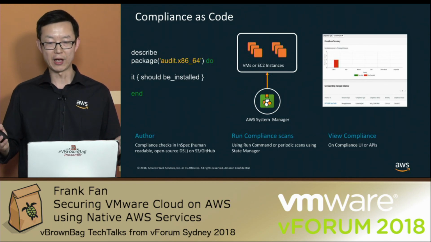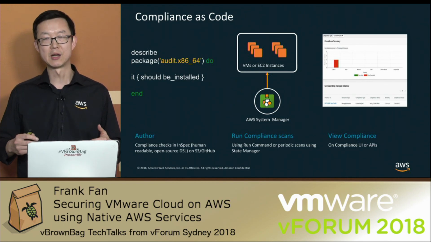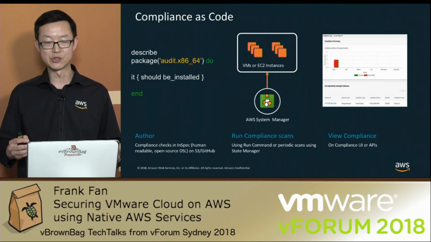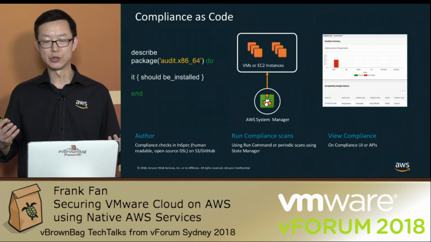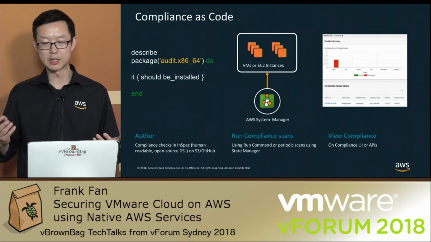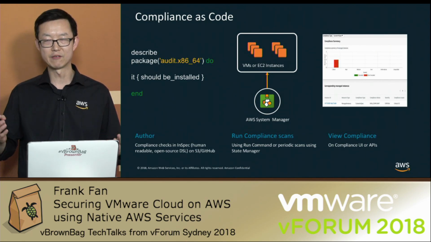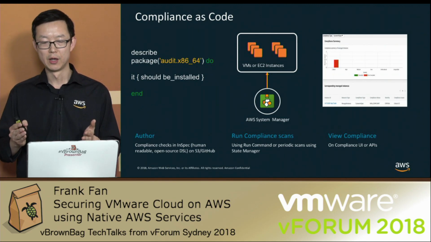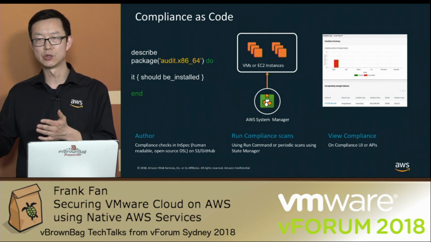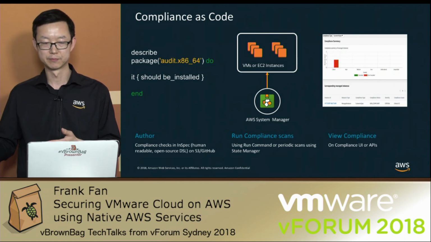Let's say you have a configuration drift, someone removes this package or changes some configuration that doesn't comply with your policy. You'll see on the dashboard a red bar come up to show you need to take remediation immediately. So you have a central place to detect, see the dashboard, and remediate those risks.